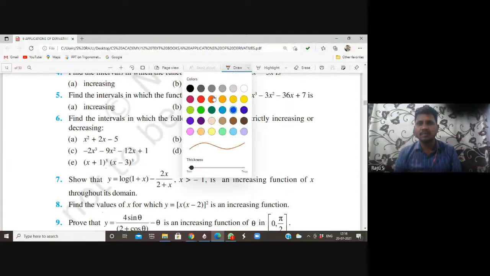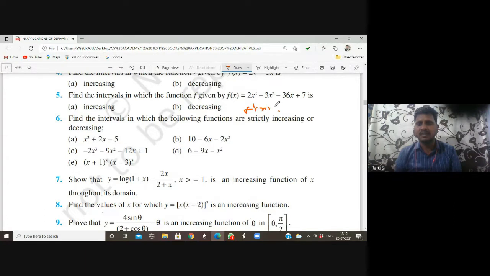Take f dash of x greater than or equal to 0. You'll get some x values, some interval, in which it is increasing. Take f dash of x lesser than or equal to 0. You'll get some intervals in which the function is decreasing. That we can do. So you can do the 5th one. Let us go for question number 6.